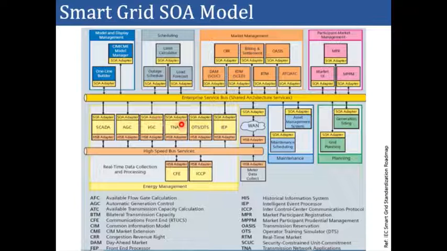So these applications will again convert the non-standard data format into a standard data format to be shared by the enterprise service bus. Now this enterprise service bus will share the data with other software applications like model and display management, scheduling, market management, or participant market management, and so on.